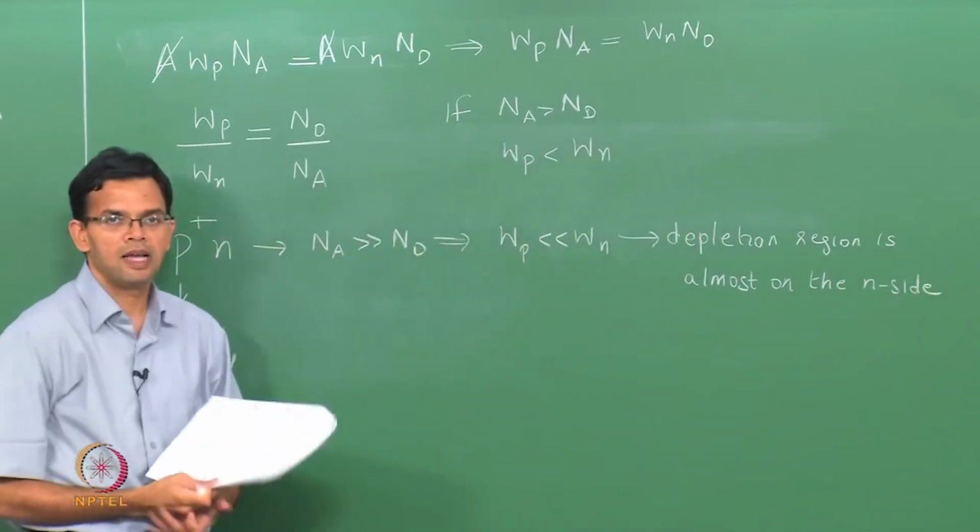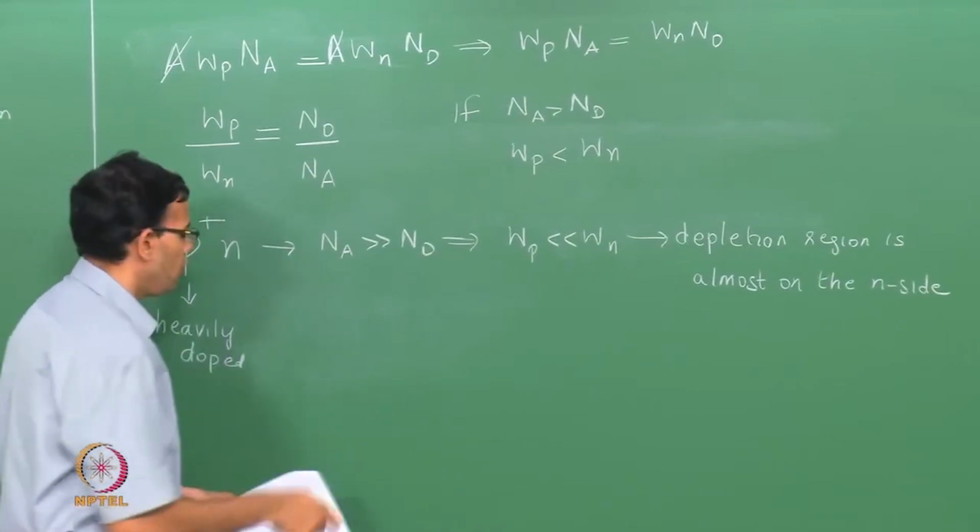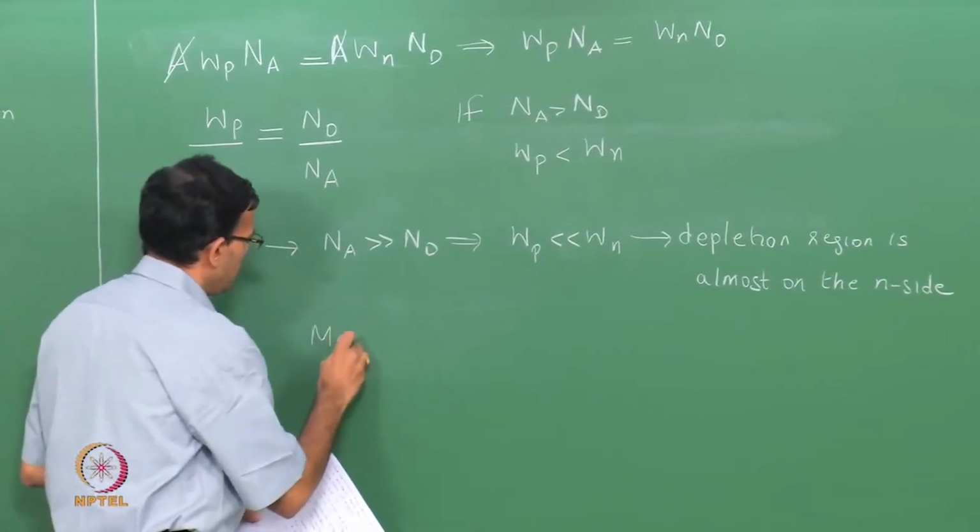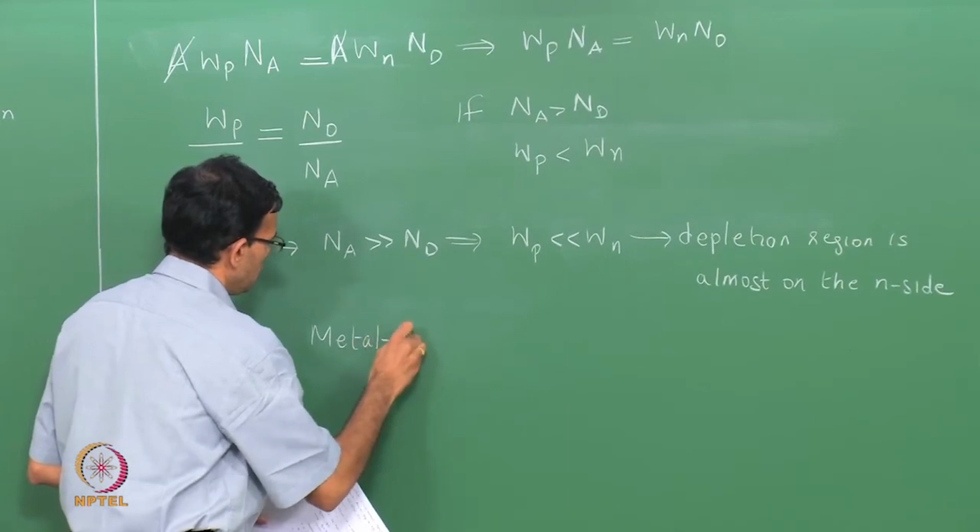An extreme example of this is in the case of your metal semiconductor Schottky junction.